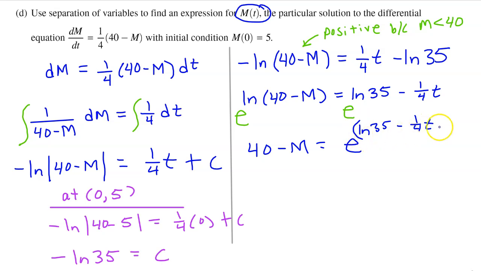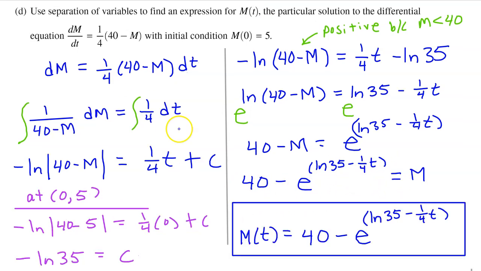Be careful, all of this is up here in the exponent. Adding m to both sides and subtracting this expression from both sides gives us this. I'm just going to flip it around for the final answer. And that's it. A bit of an ugly answer, but there you go.